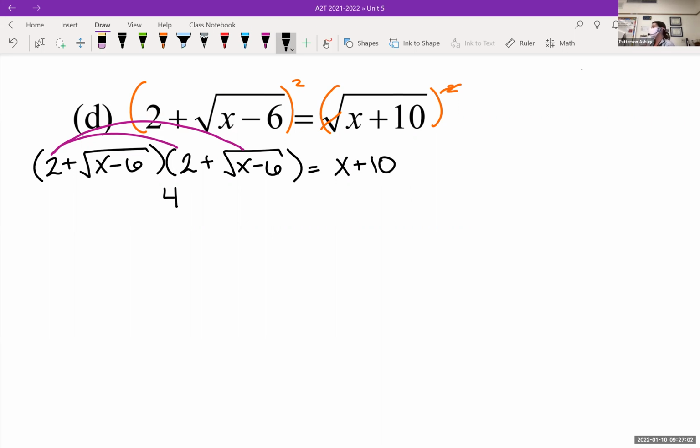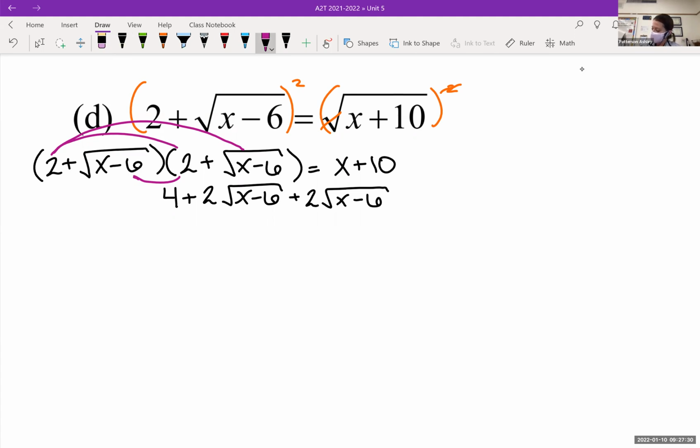And here we just have a constant times a radical. So we're going to say plus 2 times the square root of x minus 6. You simply multiply the constant times the radical. The same thing is what we're going to find for the inside terms. So we get another plus 2 times the square root of x minus 6.